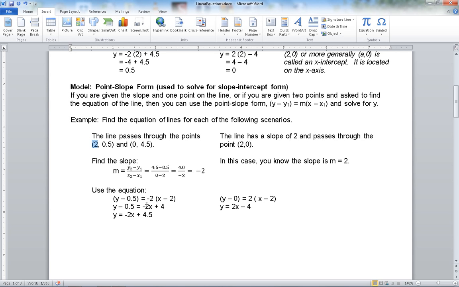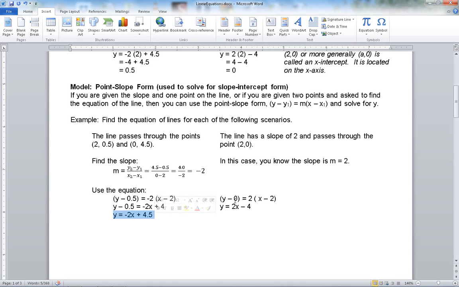Then you distribute the -2, so you get -2x plus 4, and then you add 1/2 to both sides. So you end up with the equation y equals -2x plus 4.5.